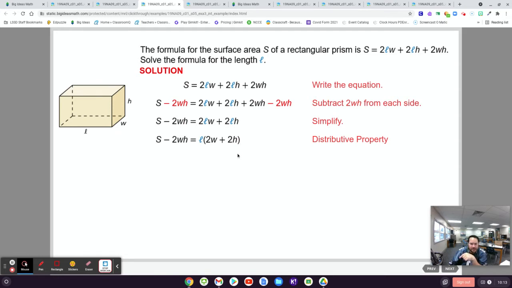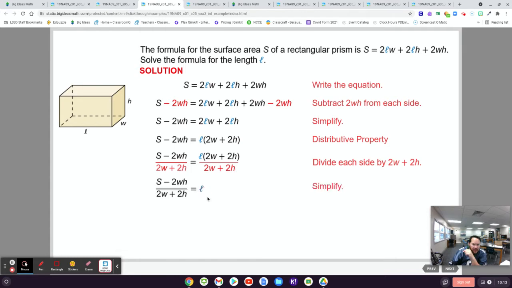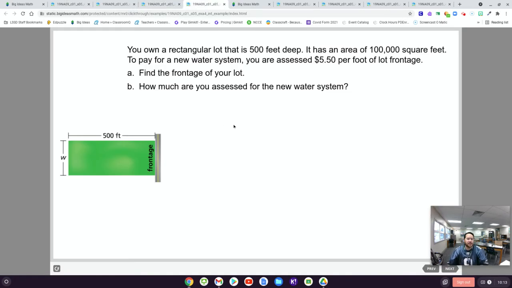How do we do that? We divide. So we're going to divide each side by 2W plus 2H. That's going to cancel all of this out on the right because this divided by this is 1. And then you're going to be left with L equals S minus 2WH over 2W plus 2H. Okay, so that is solved for L. That's L isolated.